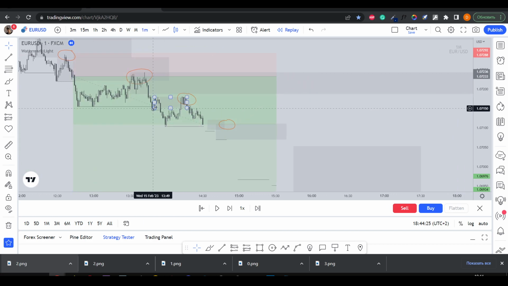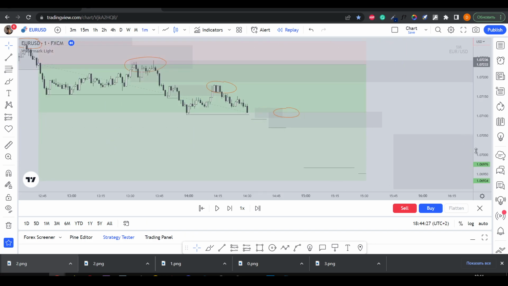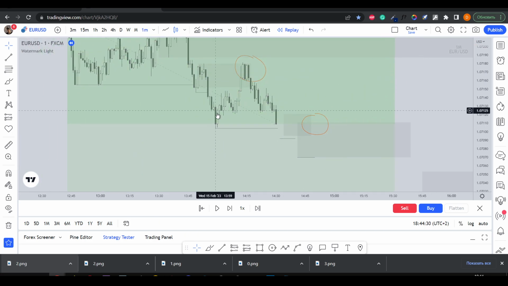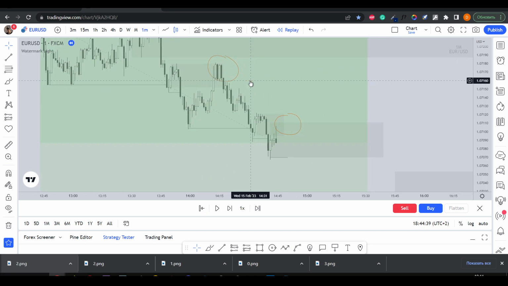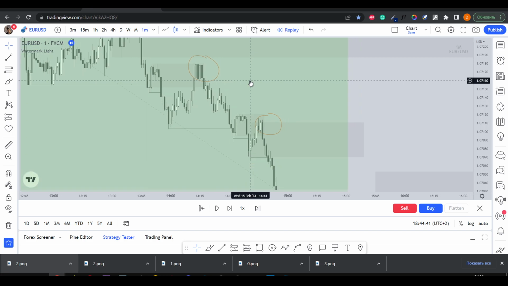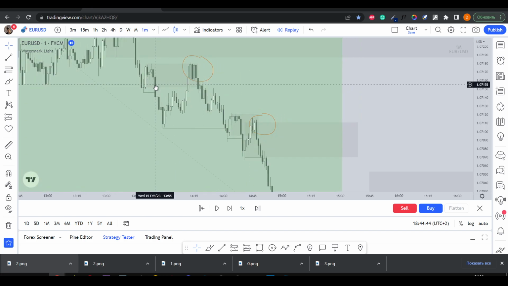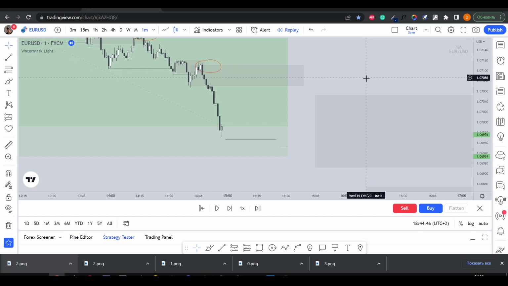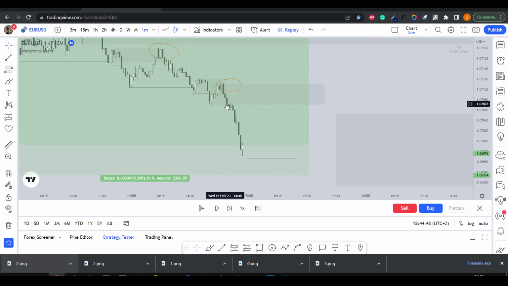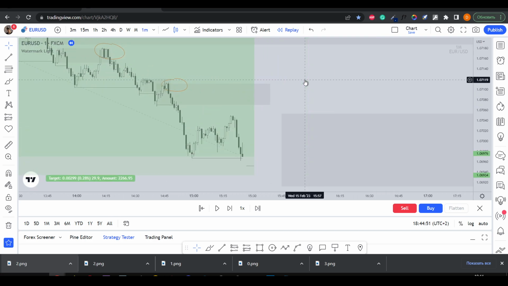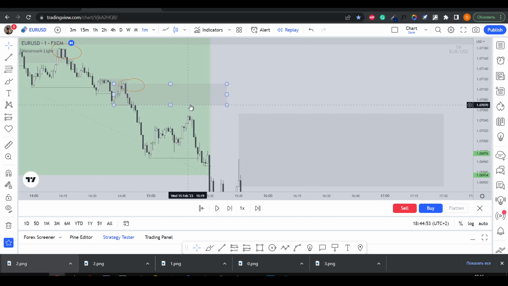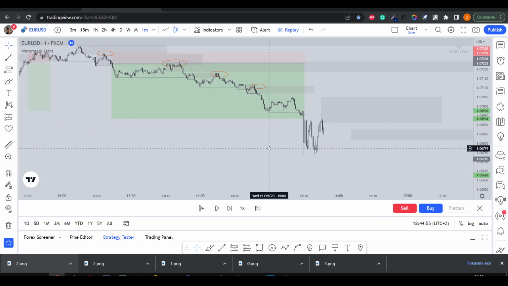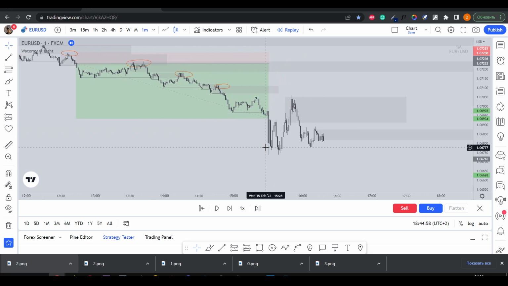You see these perfect zones, really clear breaks, full-body candles for the zones, really nice entry opportunities created. And it all happened before New York and then while New York opened. So you see, no entry there, it didn't tap into the main zone and just continued to fall.